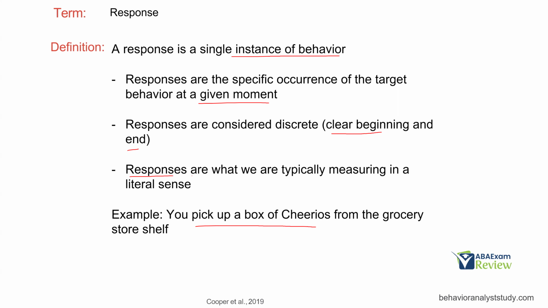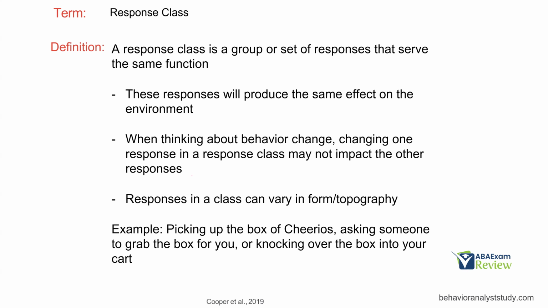If we have a behavior of going grocery shopping, and I want to measure how many items I put in my cart, well, each time I put an item in a cart, that's a response that I'm taking frequency data on. I still have the behavior of grocery shopping, but now I've got individual responses I can measure.